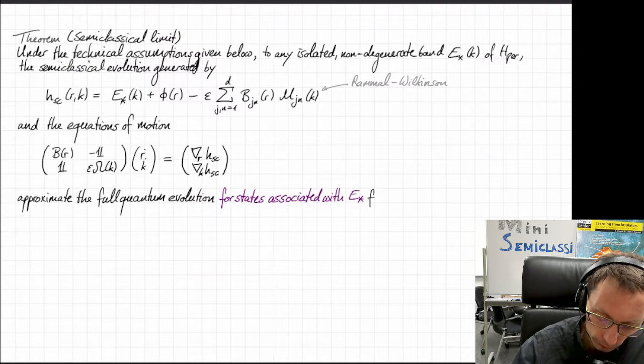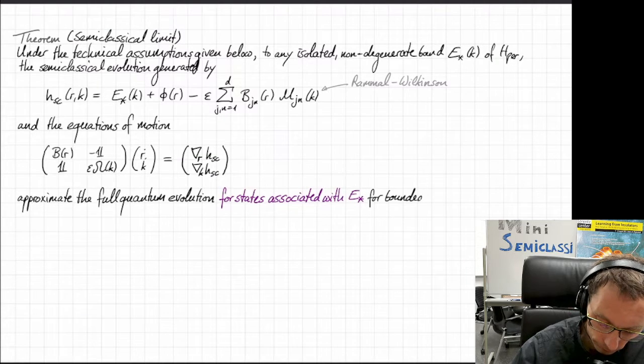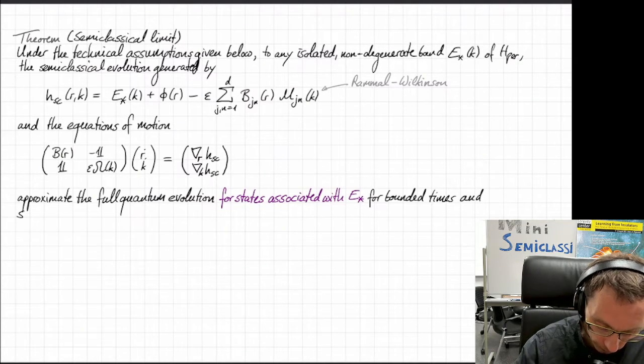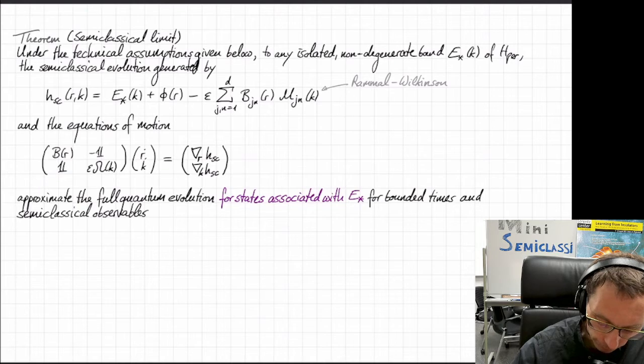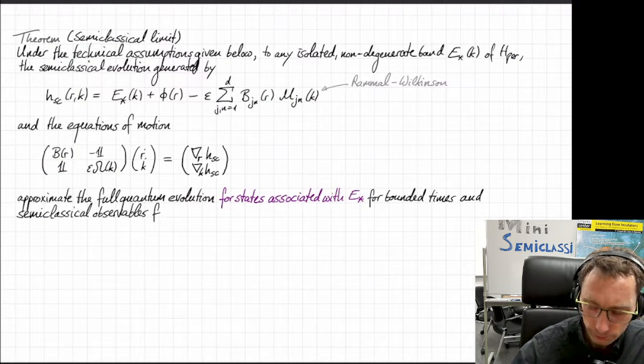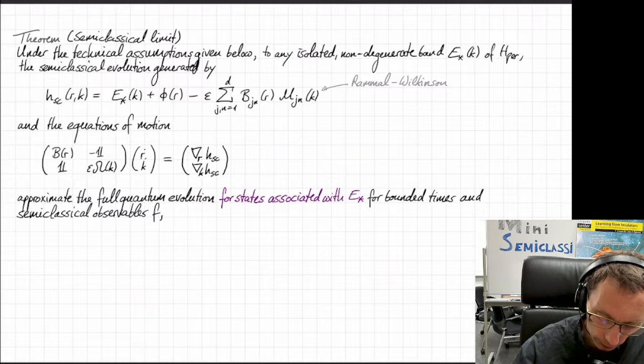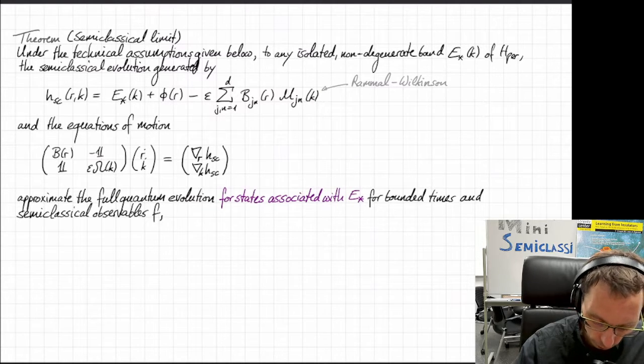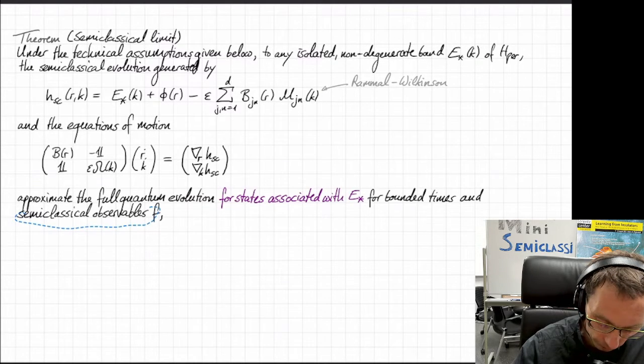For bounded times, as usual, and semi-classical observables, F. So the point, and that's why I'm going to color semi-classical observables as well.